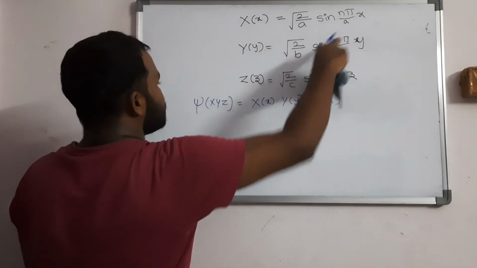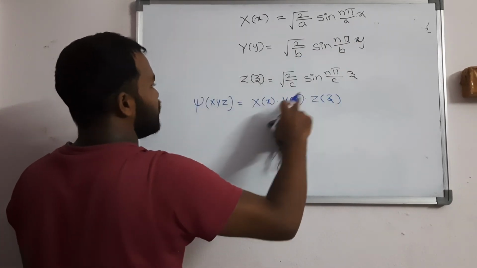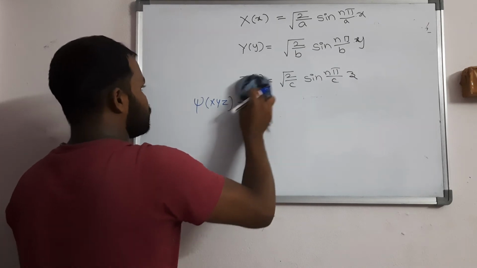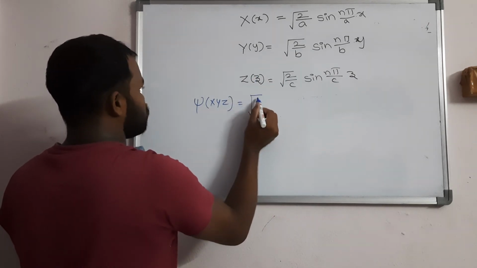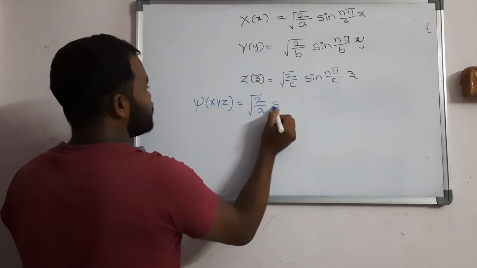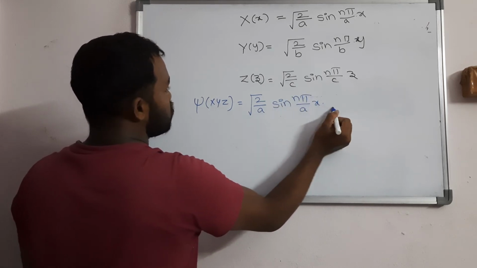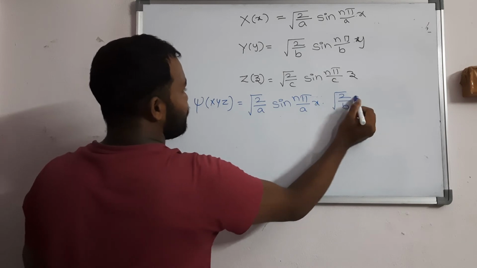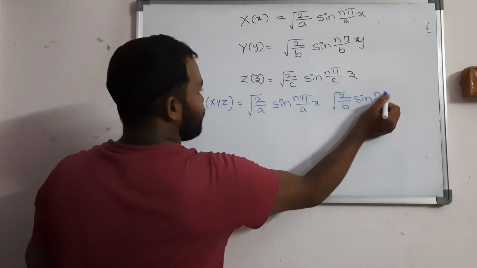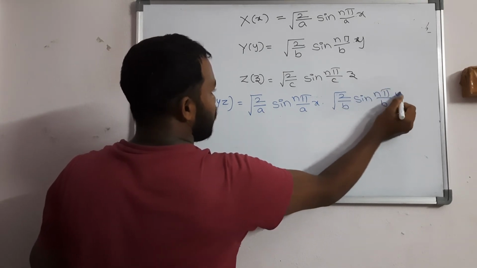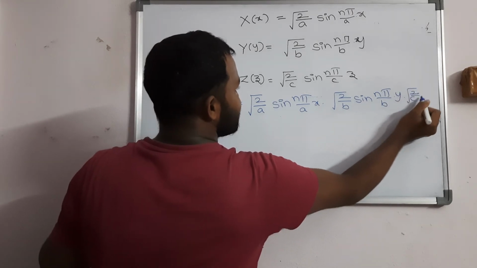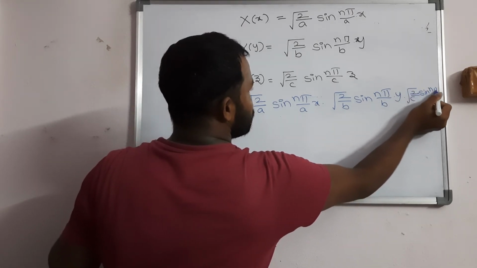X of x value is this, Y of y value is this, Z of z value is this. Just writing those values as they are: root 2 by a sin(nπ/a x), root 2 by b sin(nπ/b y), root 2 by c sin(nπ/c z).